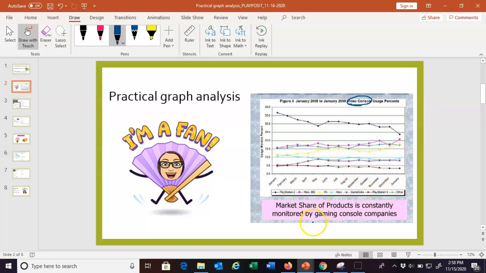So the thing about graphs, we're not going to analyze this one too much, but I wanted to point out that you want to make sure you understand the units and the increments that the units are going in. So along the y-axis, we have the minutes percentage used. So even though there's not like a percentage sign next to the number, the label on that axis tells us we're talking about percents.